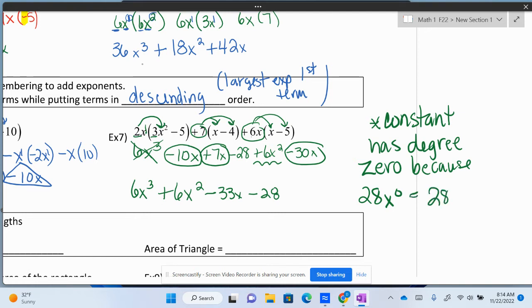That's the same thing as saying 28 times 1. And remember, the degree comes from the exponent on the variable. That's why constants are degree 0. Okay? I want you to make sure you understand that.